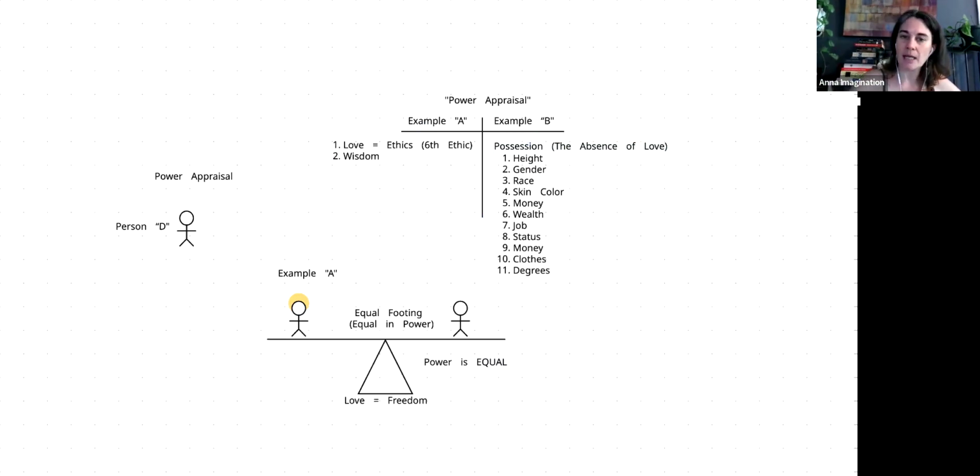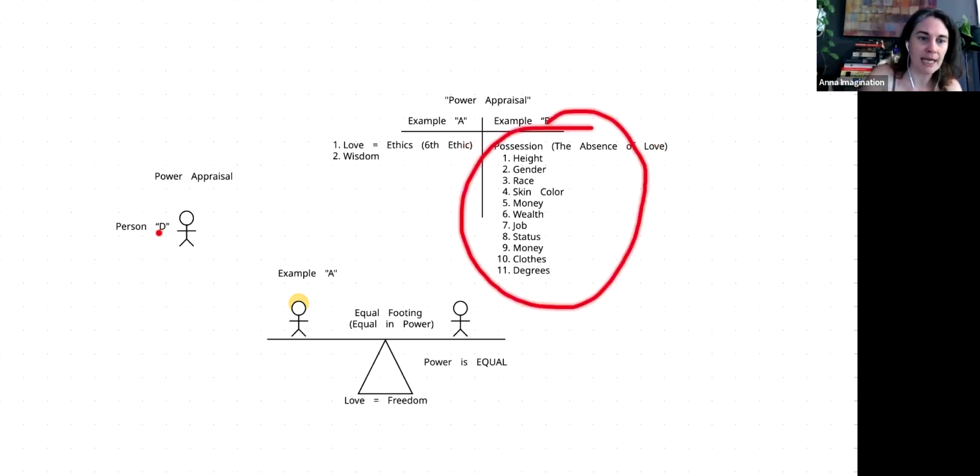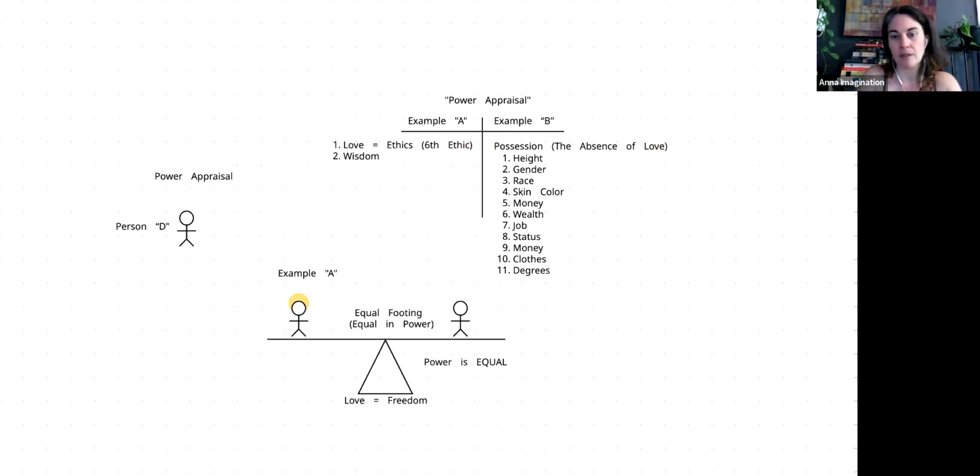So this is what's going on when you have equal footing. This is 100% what's going on with equal footing. I'm going to break this down further for you. But when power appraisal occurs, what you are really doing is looking at all of these. And people born in possession only can see all of these. Did I mention age? Age needs to be on here.